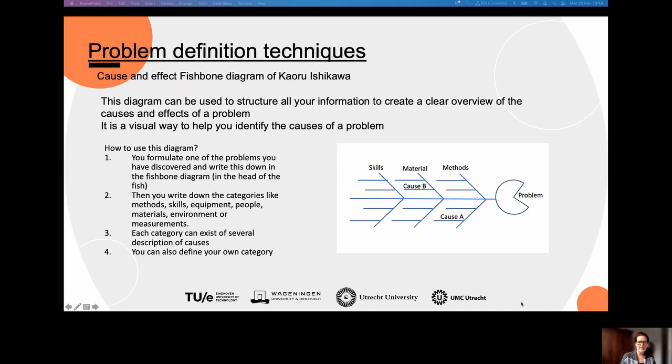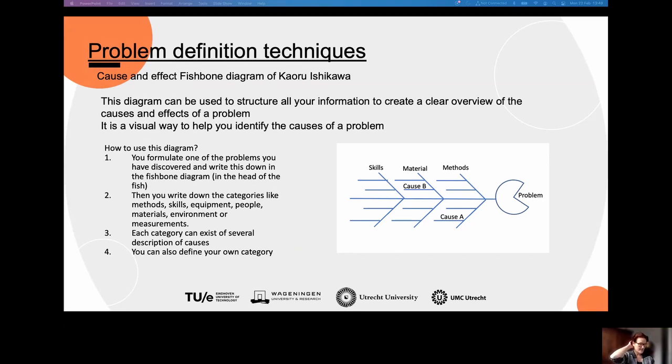Another interesting way of looking at your problem is to explore what the causes are of your problem. And this is a very well-known diagram. It's a cause and effect diagram. And what you do in a sense is you make a diagram, as you can see in the picture. It's a fish. And you write down several perspectives.